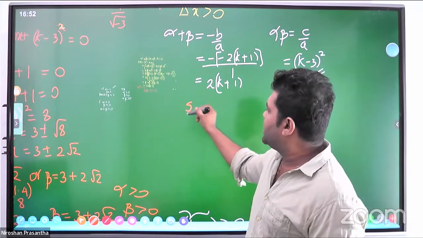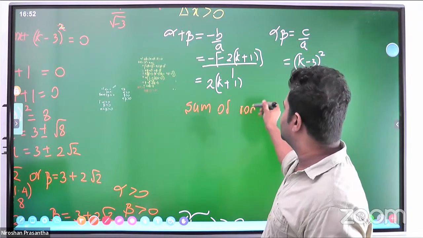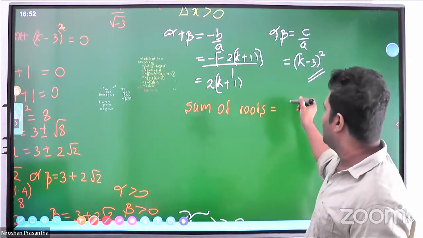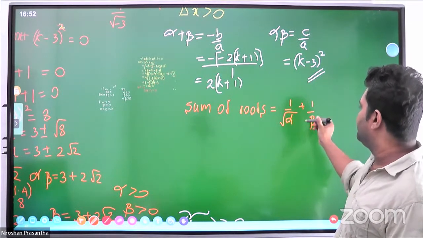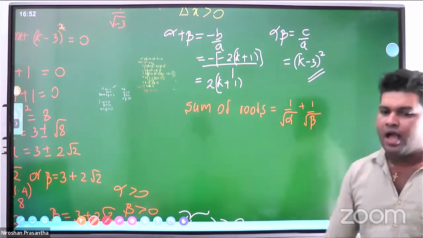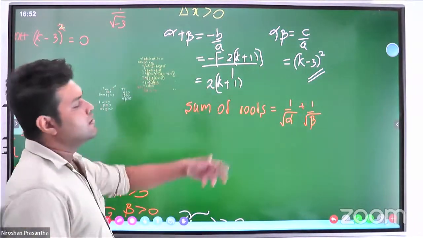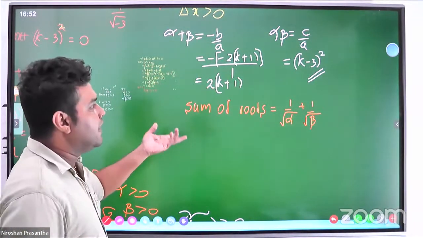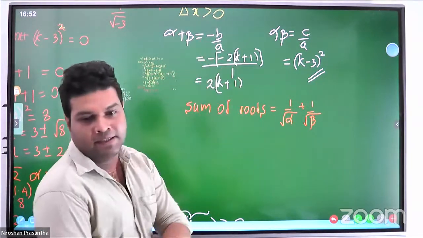Now, sum of the roots. You can find 1 over root alpha, 1 over root beta. Please find the sum of the roots and find the product of the roots, and you make the quadratic equation whose roots are there. But alpha plus beta and alpha beta product are also there.